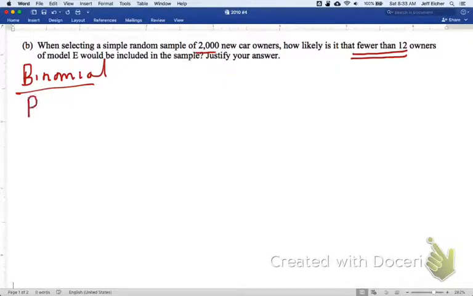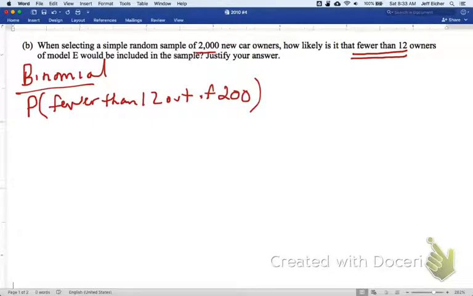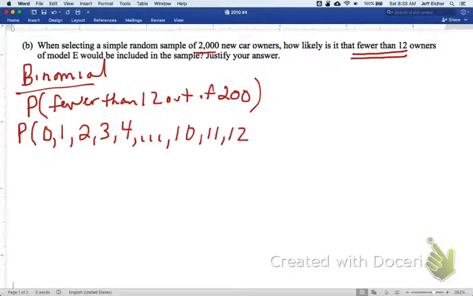So we want the probability that we get fewer than 12 out of the 2,000 sampled. That's asking the probability we get 0 Model E, or 1, or 2, or 3, or 4, all the way up to 11.